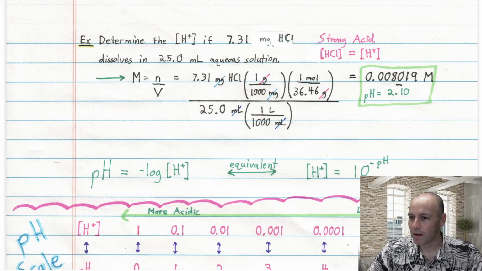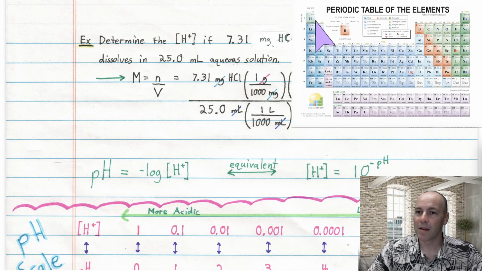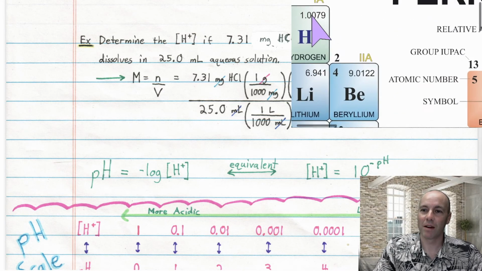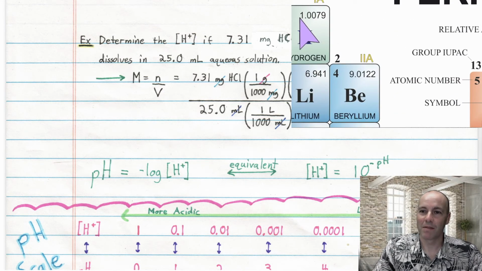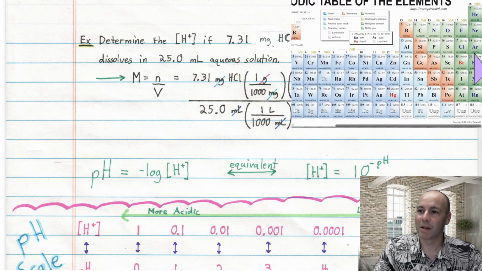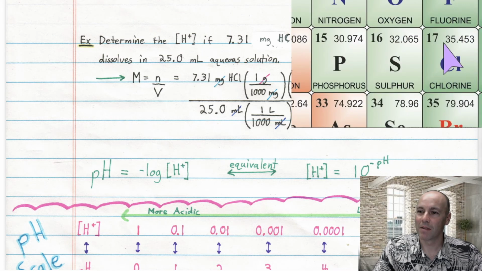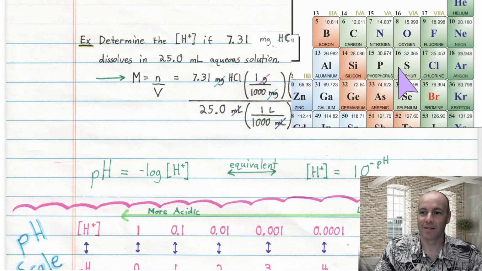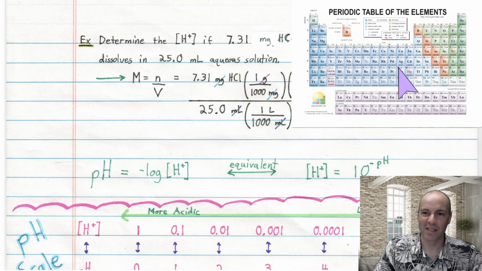If we jump over here to our periodic table, you look up the atomic mass of hydrogen right there. Okay, the atomic mass of hydrogen is about 1.01, and then go over to chlorine. The atomic mass of chlorine is about 35.45. So 1.01 plus 35.45 is 36.46. So that's how you get those molar masses again.